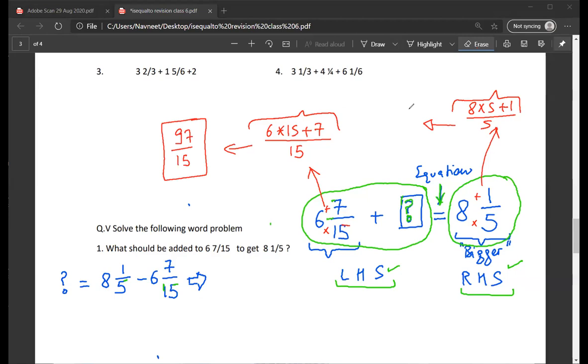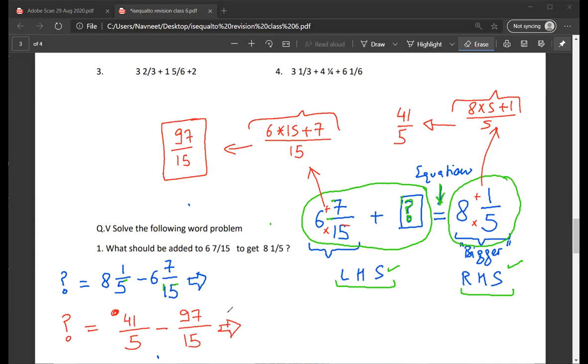So I've got the same answer, 41 by 5. So now, can I write the question mark as 41 by 5 minus 97 by 15? Mr. Sarthak, is it correct?